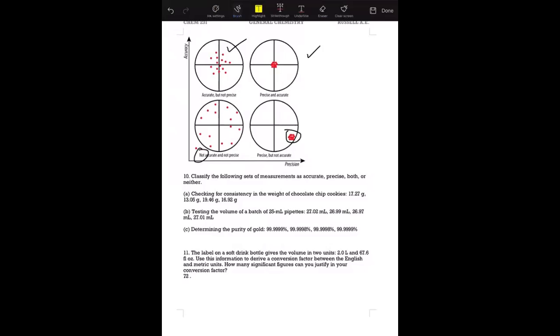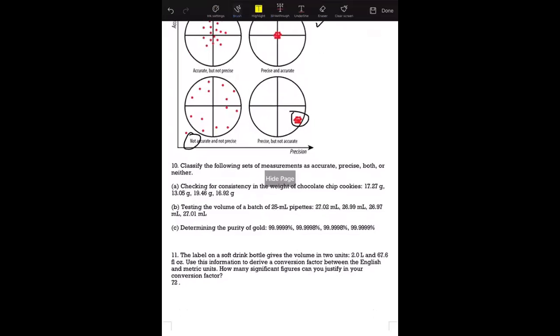All right. So let's go down here. Checking for consistency in the weight of chocolate chip cookies. Do we know the standard weight of a chocolate chip cookie to compare these two? All right, so we got 17.27 grams, 13.05 grams, 19.46 grams, and 16.92 grams.